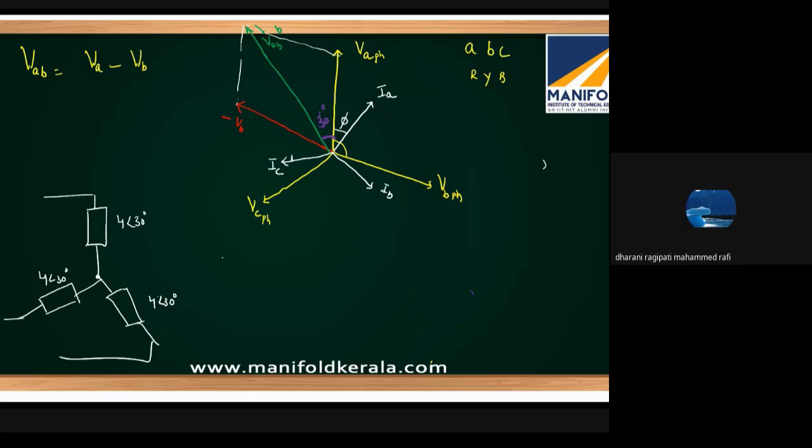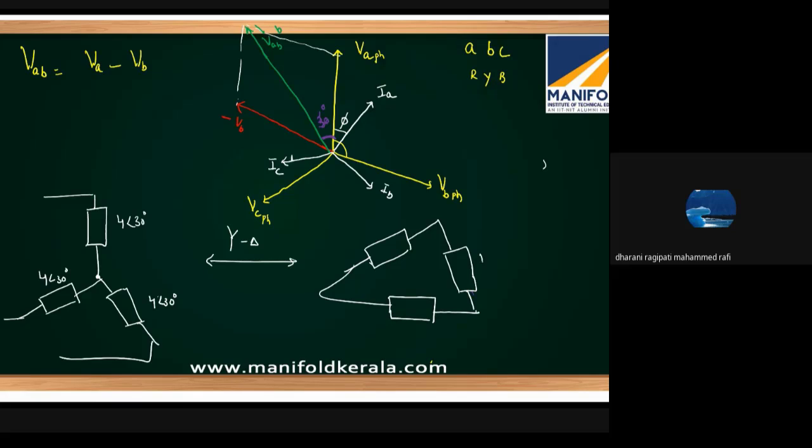So if you transform this into delta, then the equivalent delta impedances would simply get scaled up by 3 times. What would be the impedance in every phase? 12 at an angle 30 degrees, 3 times.